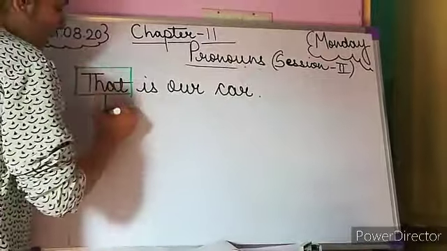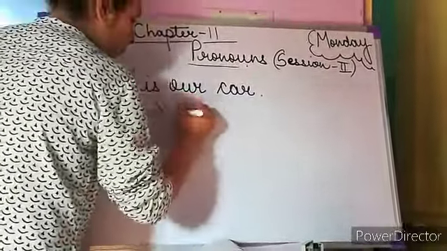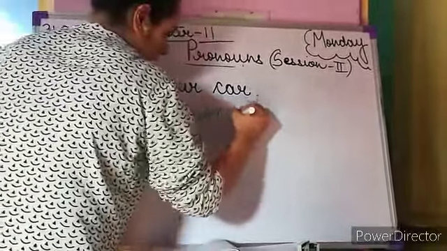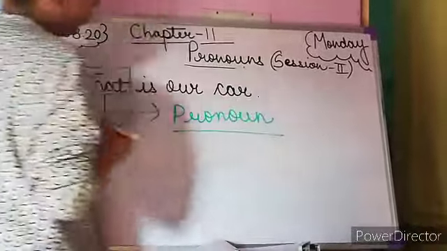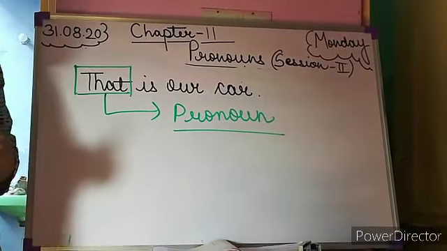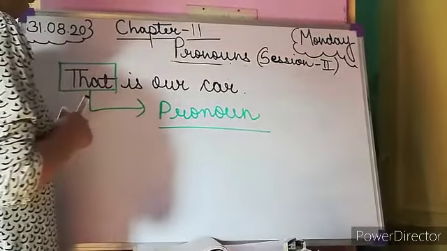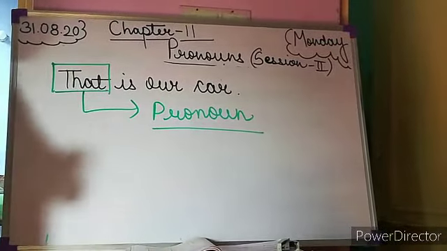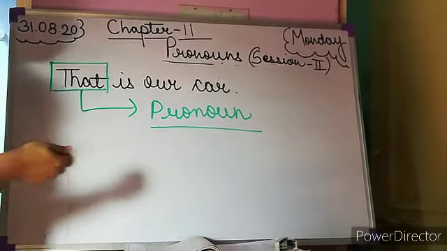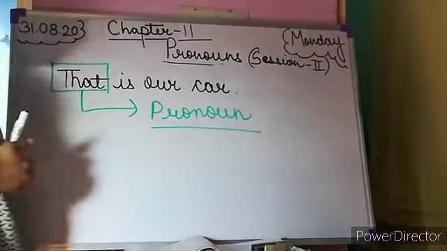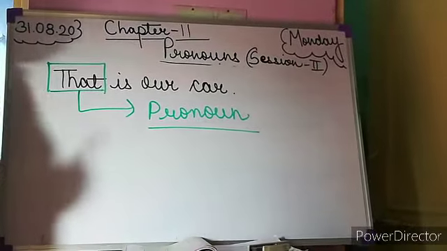So that is a pronoun, a demonstrative pronoun. Demonstrative pronouns point to the specific person, animal or thing that they refer to.